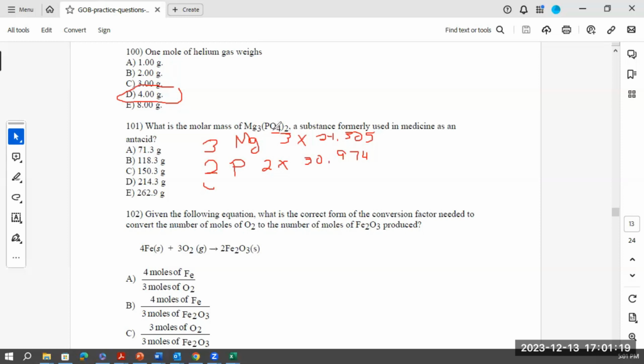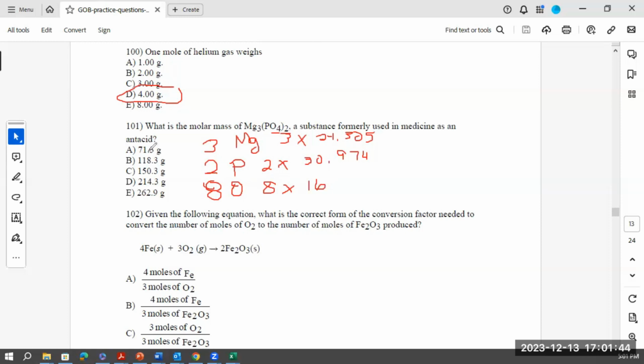No, 8. Yes, it's 8 because remember it's distributive, right? So that basically means that we have 8 times 4, right? And then we're just going to round up to 16.